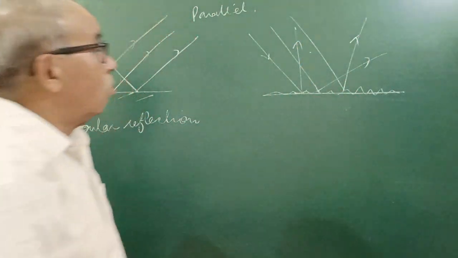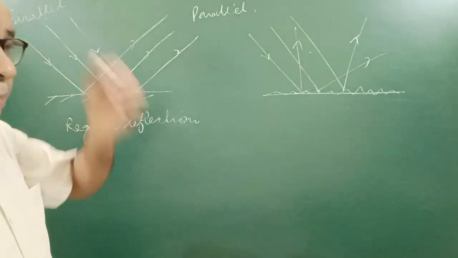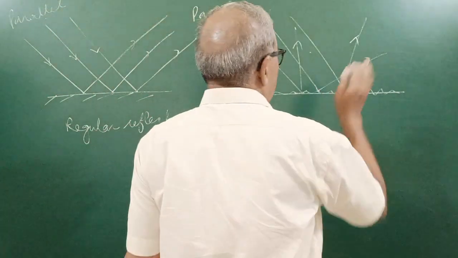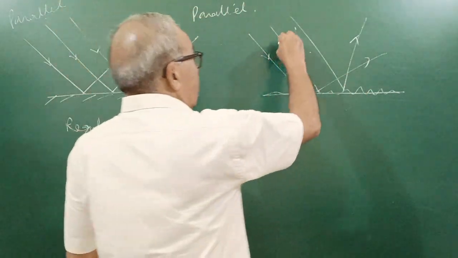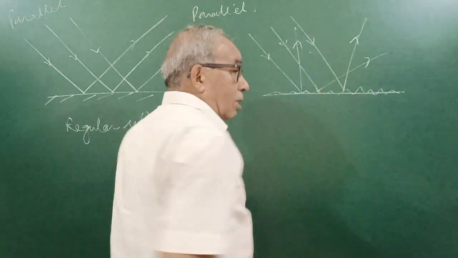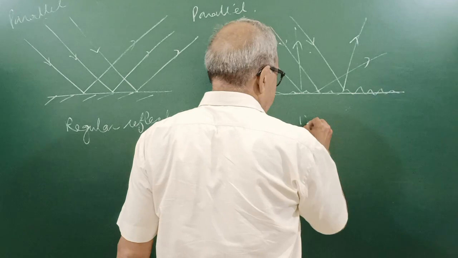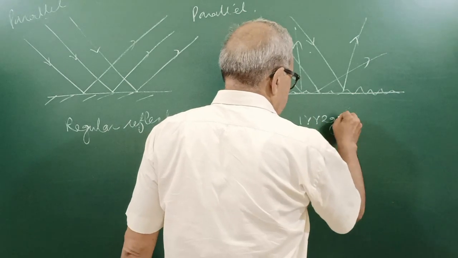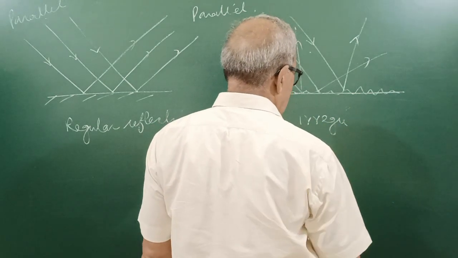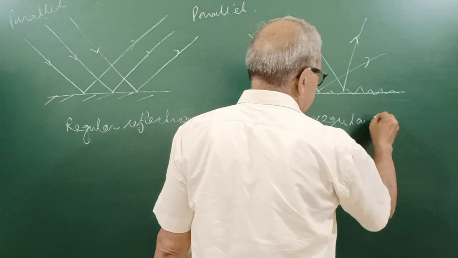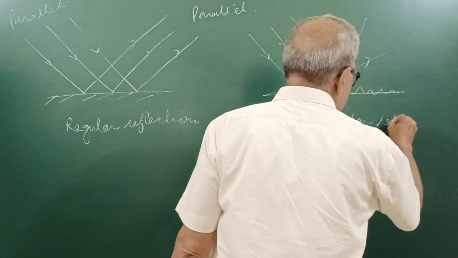Reflected rays go back in different directions, but the incident beam and reflected beam do not remain parallel. So it is called irregular reflection.